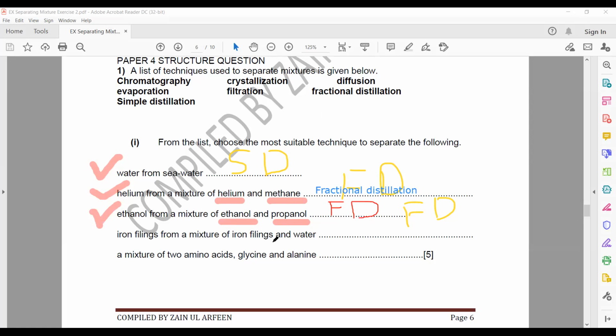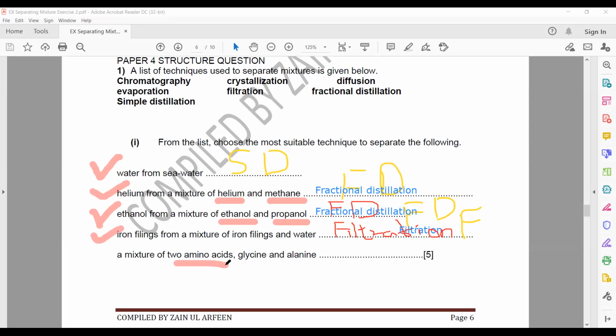Iron filings from a mixture of iron filings and water. Iron filings are not soluble in water. So which technique? You can use screen annotation to answer. But it's better, instead of writing, type your answer so it will appear clear to everyone.